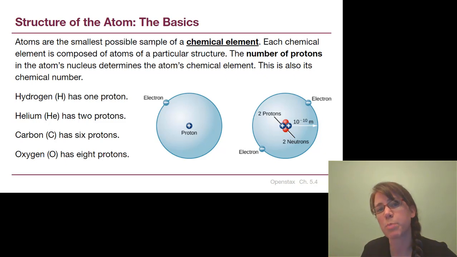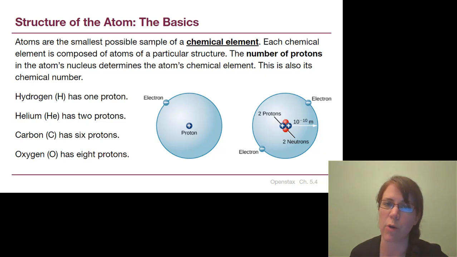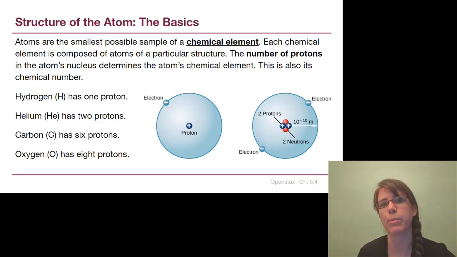Now, atoms are the smallest possible sample of a chemical element, and we're going to have to get a little bit used to the periodic table, which you would have seen in a chemistry course in K through 12. But the main thing is that when we look at a periodic table, it has some pieces of information for each chemical element.